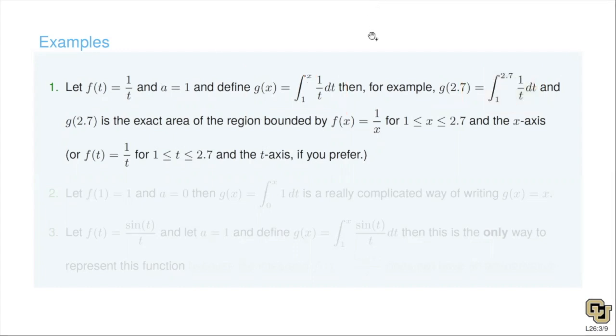It really doesn't matter. Whether I write x or t, they're just the input variable. We've labeled it x, but really we should just call it the input variable. It's really f of input variable equals 1 over input variable for input variable between 1 and 2.7. That's really what the function looks like.